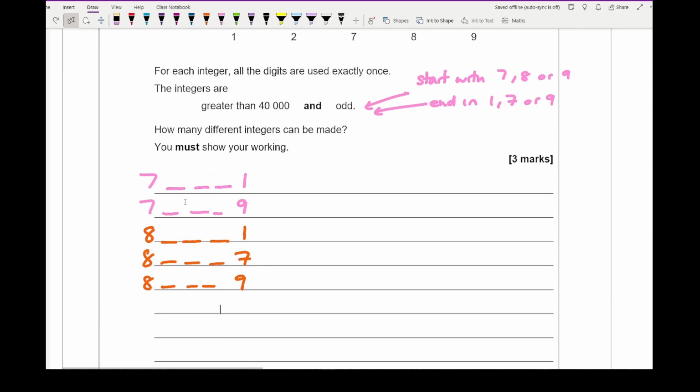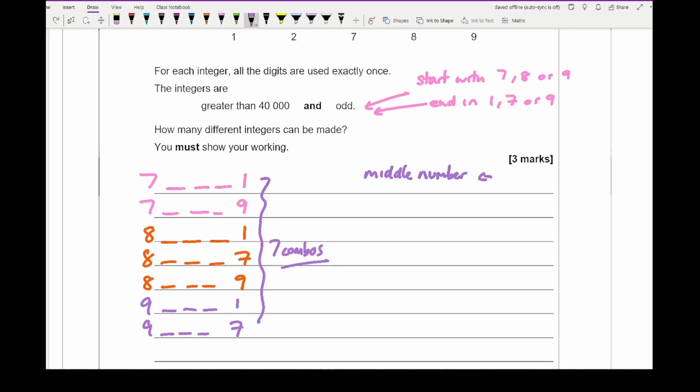Then moving on to 9, that's either going to end in a 1 or a 7. So all in all, we've got 7 combinations. Now, to work out the middle 3 numbers, in terms of the first number, we've got a choice of 3.